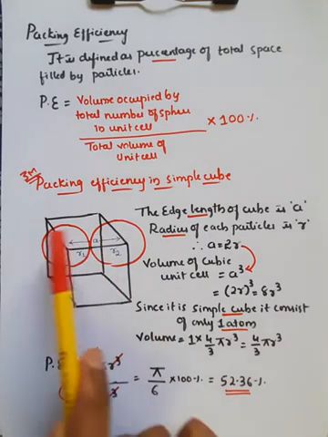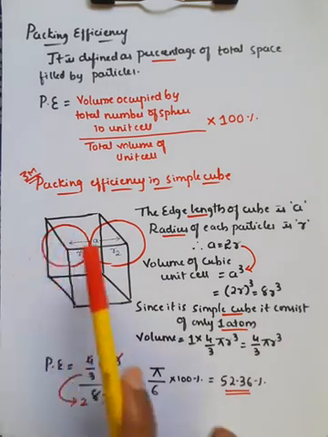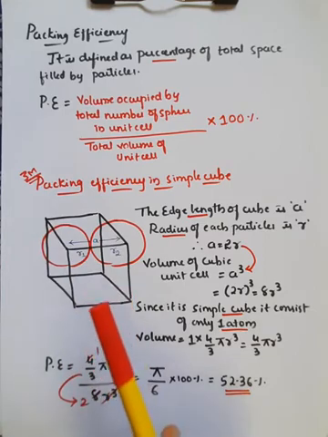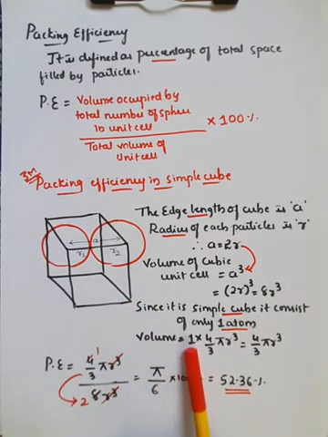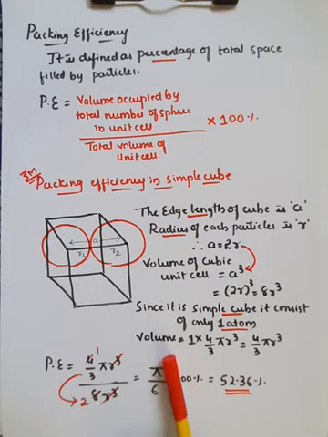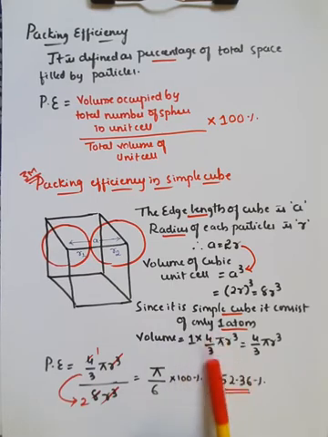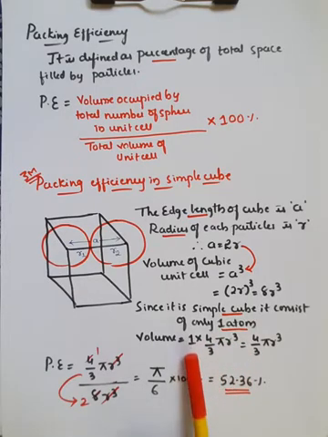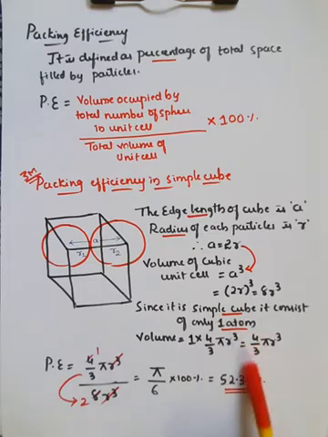If the cube is made up of BCC or FCC, it is based on the number of atoms present. Here we can take 2 for BCC, or for FCC we can take 4, because FCC consists of 4 atoms. Therefore the volume is 1 into the volume of the sphere, 4 by 3 pi r cube, that is nothing but 4 by 3 pi r cube.